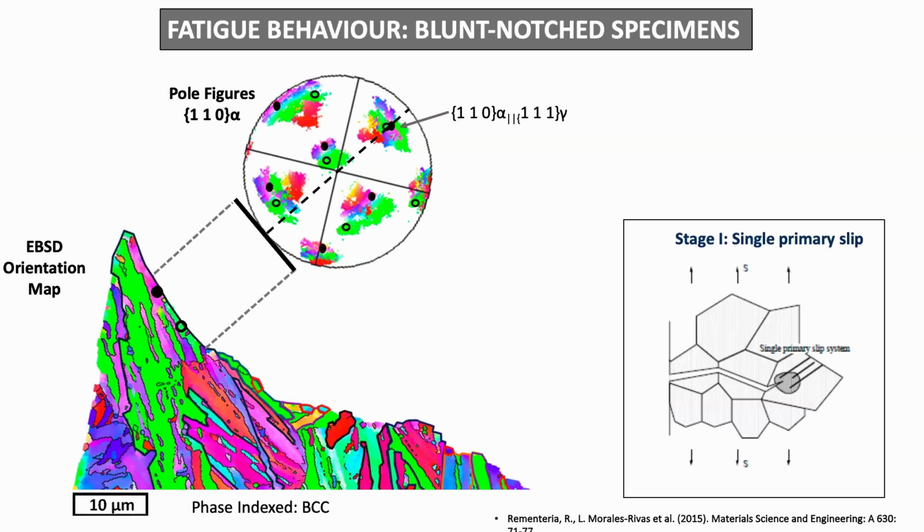Moreover, these are some new results where we can see that if we consider the longest straight section of the crack, it's almost parallel to this trace, which corresponds to the plane of the family 110 of these two blocks of bainitic ferrite that are coplanar to one plane of the family 111 of the prior austenite.